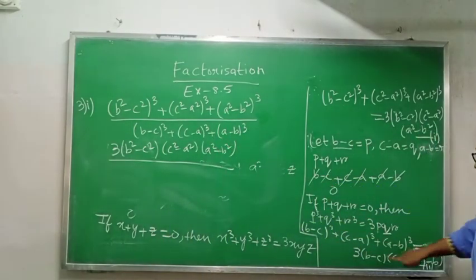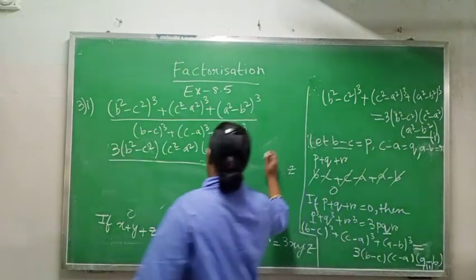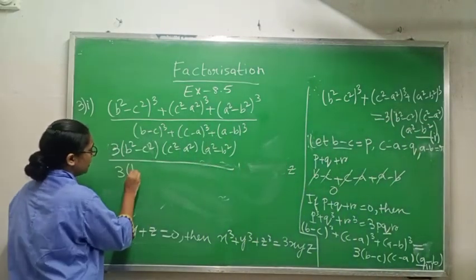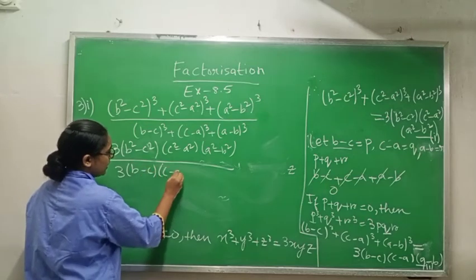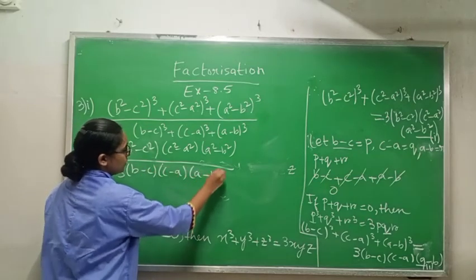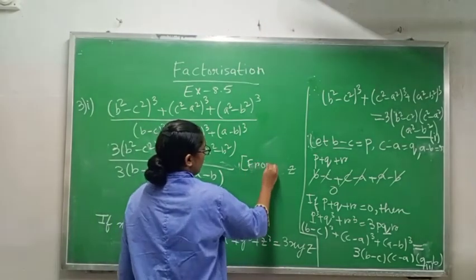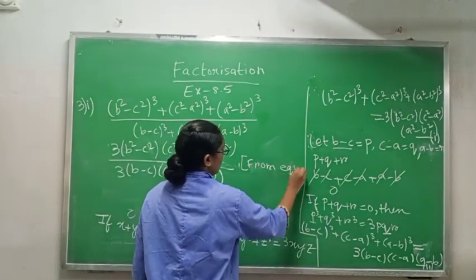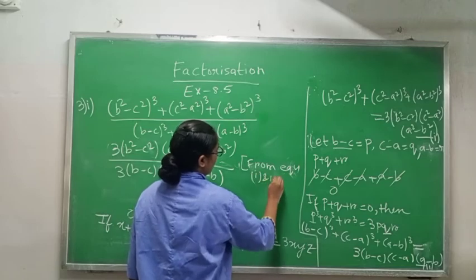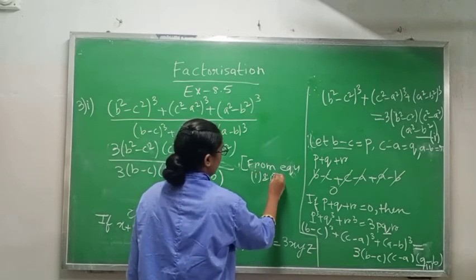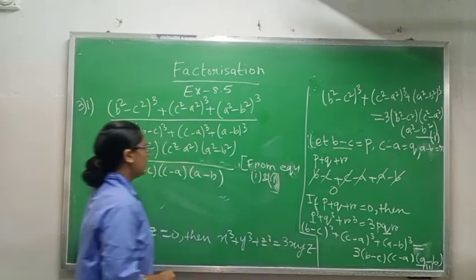In place of this, you can put 3(b − c)(c − a)(a − b). Okay, and in brackets you can write from equation 1 and 2, meaning you are writing this from equation 1 and 2.